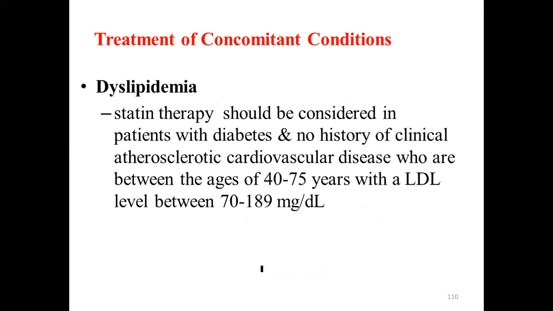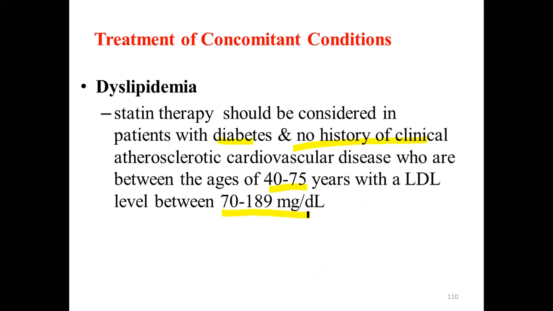aspirin 75. Then dyslipidemia. Statin therapy should be considered when a patient has DM and no history of clinical atherosclerotic cardiovascular disease, between the age of 40 to 75. That is a generally recommended approach, with the LDL level in consideration.